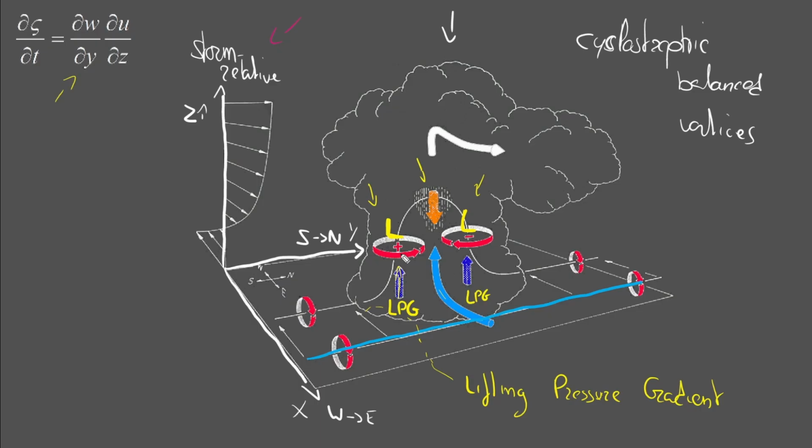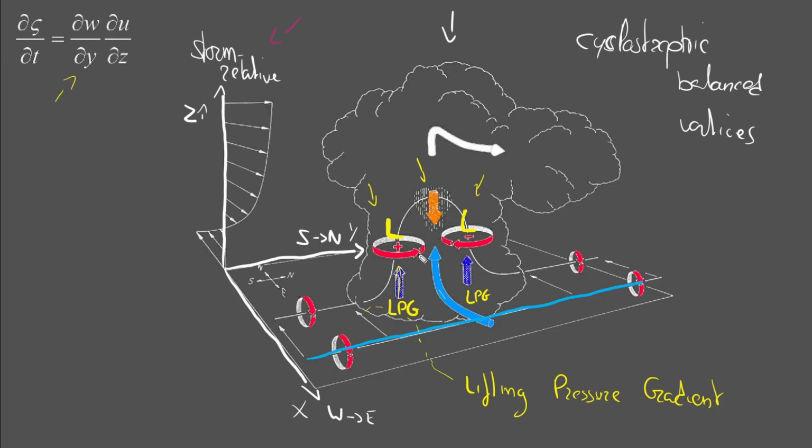Now, what we actually want is the supercell, and the supercell in the northern hemisphere spins mostly cyclonic. So what we want now is this vortex here to spin up more preferentially than this one, because we want net rotation, net positive vertical vorticity.